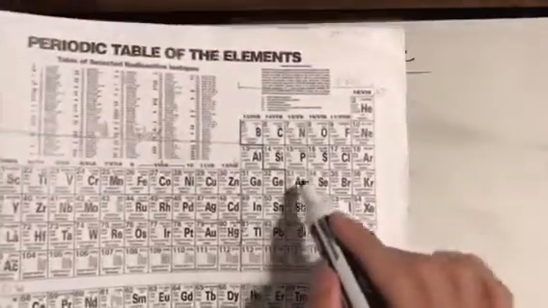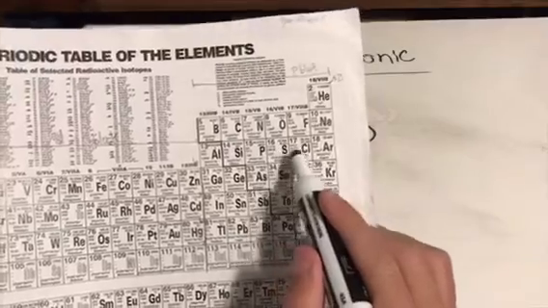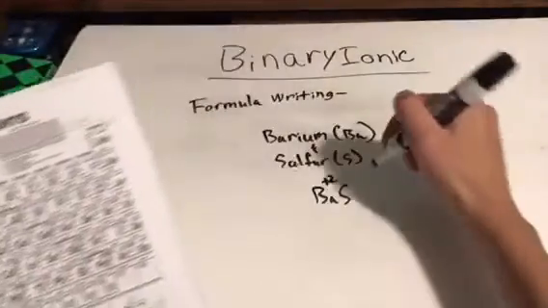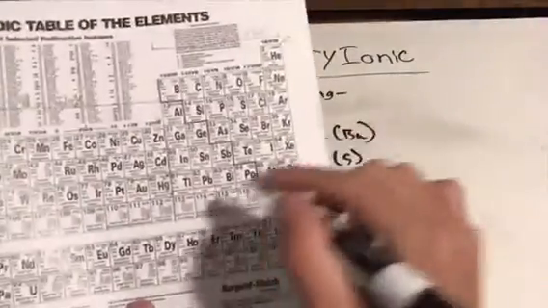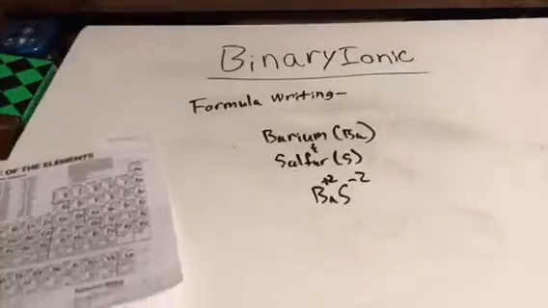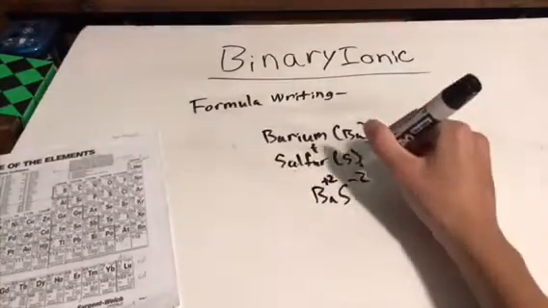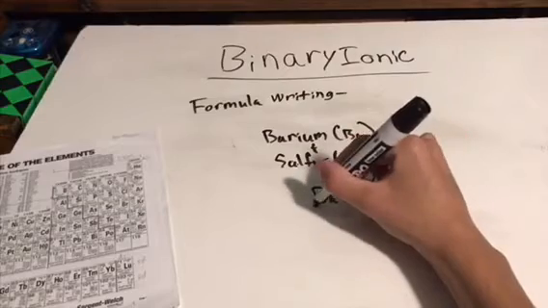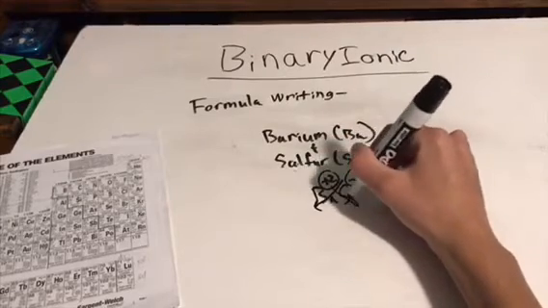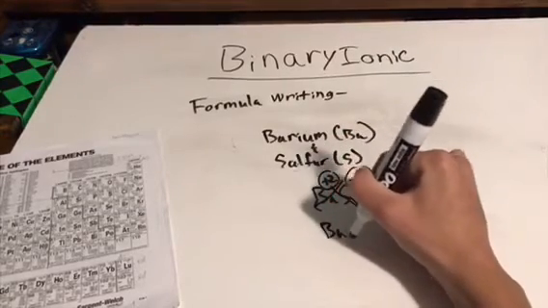And sulfur, right here, would be a negative 2 because it wants to gain 2 electrons. Then you do this crisscross method. So you have Ba2, S2.